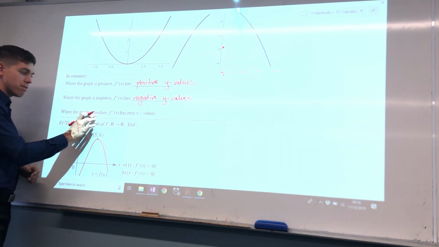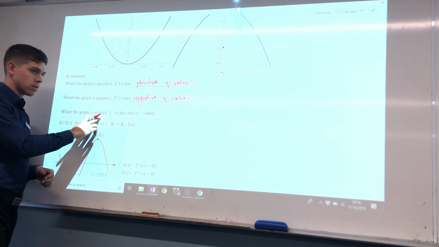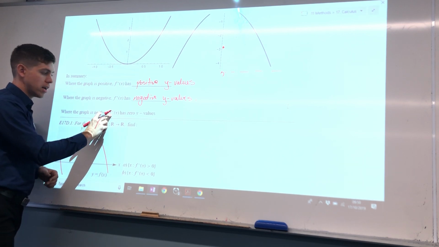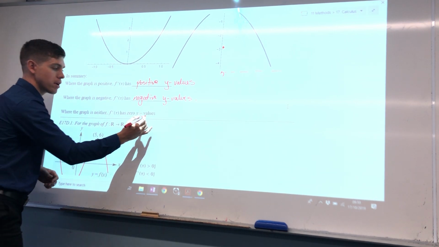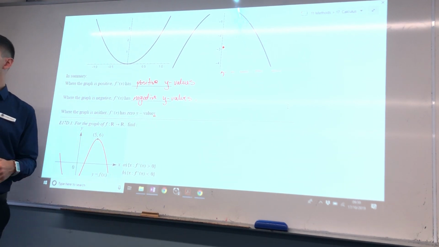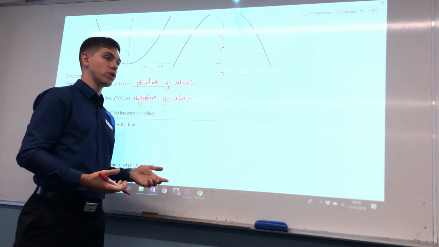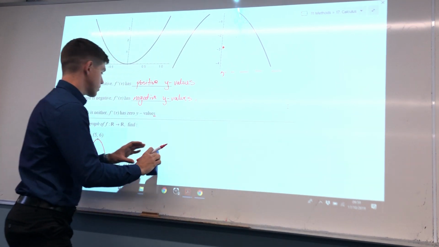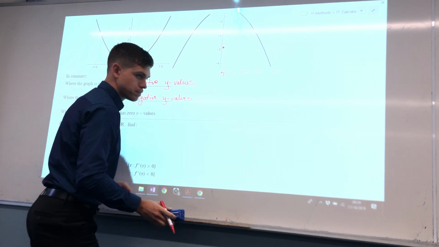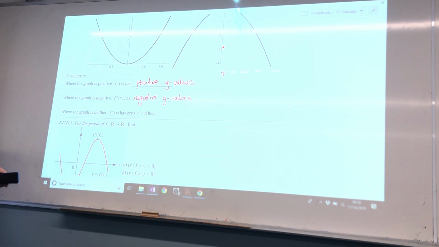And where the graph is neither, the gradient function has 0 y values. Note that a gradient function won't always be a quadratic. It could be of higher order, and we could have multiple 0 values.